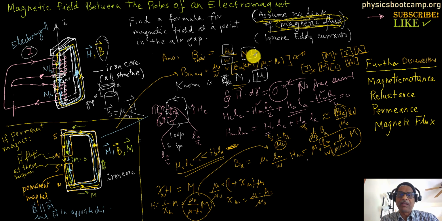So the dimension of this cancels the dimension of that. So they dimensionally check out, and the formula is a little bit different, but this is one way you can actually design. Say you wanted to have a certain amount of this magnetic field, what kind of magnetization you would need, and what length of magnet you would need in order to actually get that magnetization. So this is very practical.